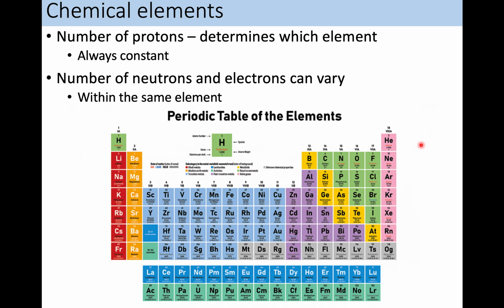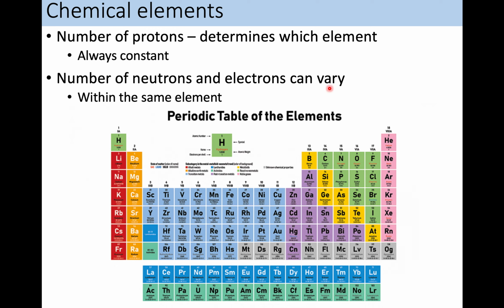This is the periodic table of elements, which I hope looks at least a little bit familiar to everyone. Chemical elements are set by the number of protons in the atom. The number of protons determines which element is which. If an atom has 1 proton, it is hydrogen. If an atom has 27 protons, it is cobalt.